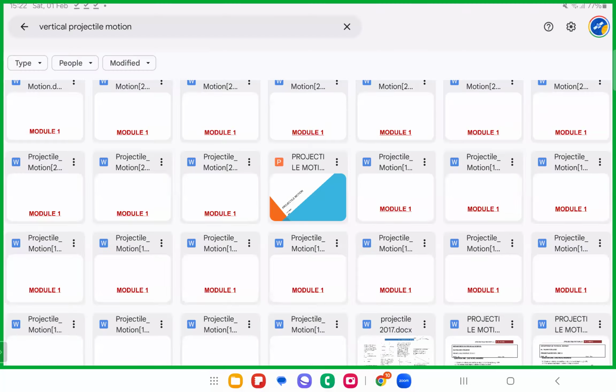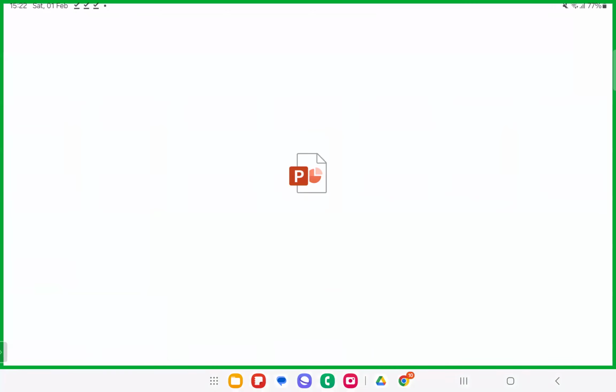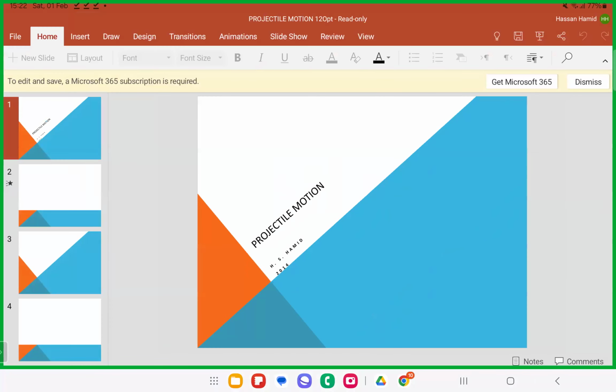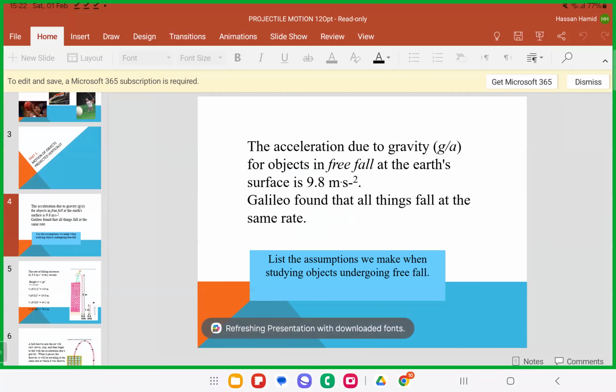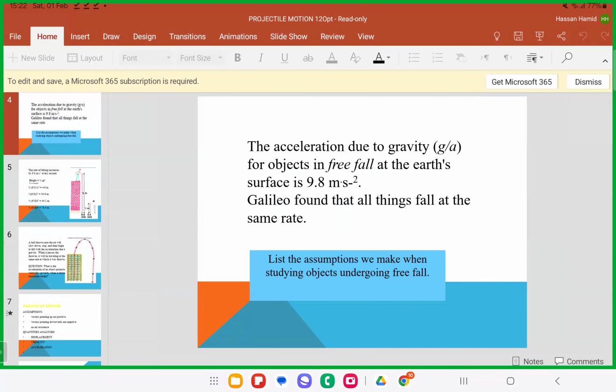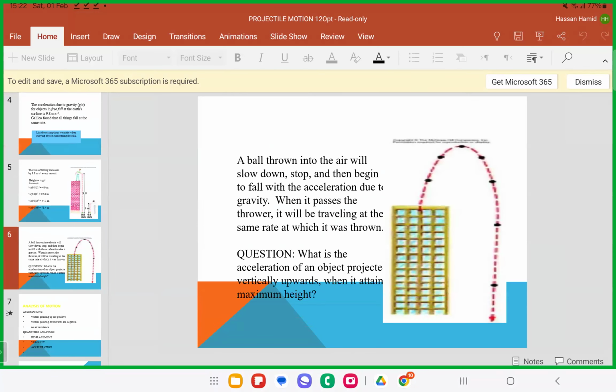Right, so what you're going to see is actually a motion guided PowerPoint. That means it's not a static PowerPoint. It's a PowerPoint where things are going to be changing on it. And what we're going to be analyzing is basically a ball that is going to be thrown off the edge of the building and it's going to come back down to the ground.